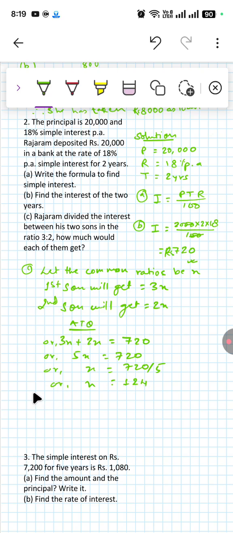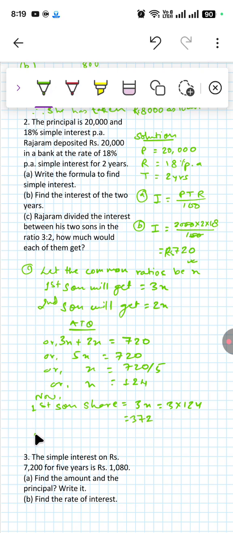So let us find this here. Now the first son's share or amount is going to be 3x, that is 3 multiplied by 144. So the value will come 3 4s are 12, 3 4s are 12 plus 1 is 13, 3 1s are 3, 432.